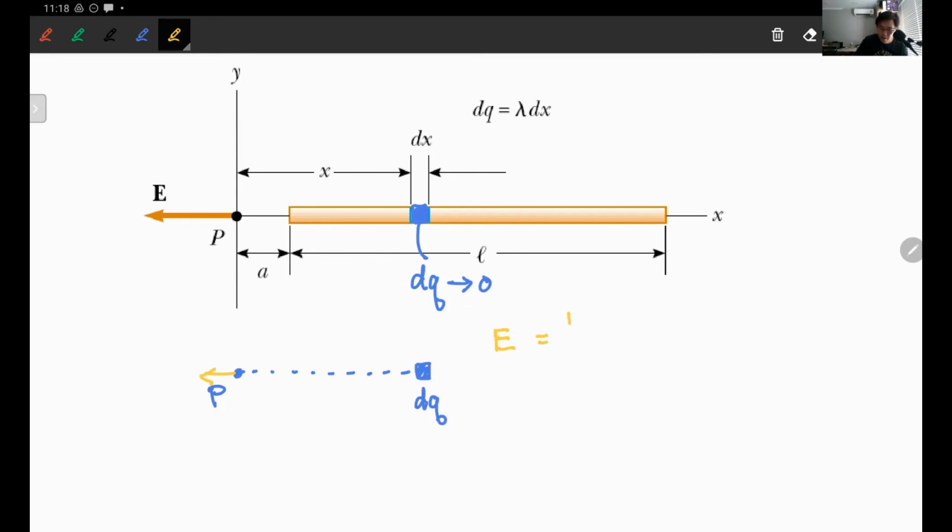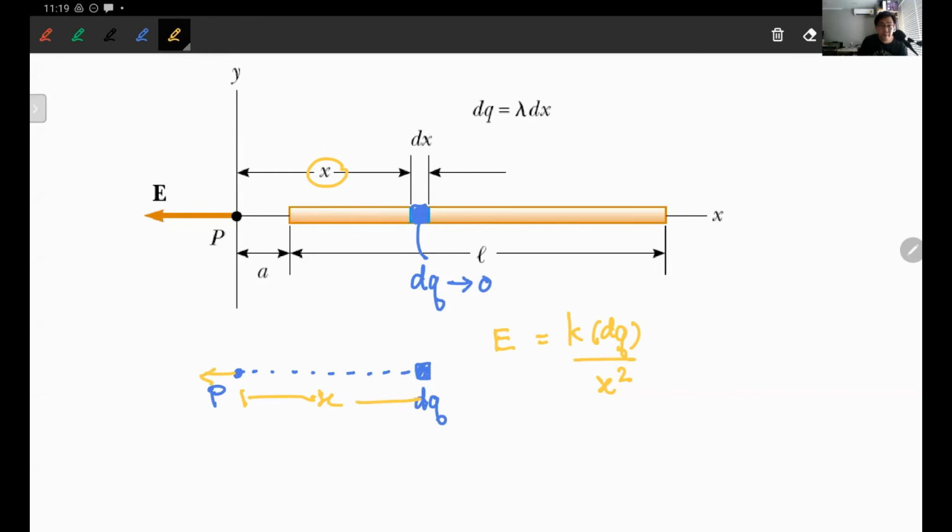It's going to be k, the charge generating the field, divided by the separation squared, or the distance squared. And because right now the distance is the distance you can measure on the x-axis, I can say the distance is just x, and then you square that. Guys with me, yeah?